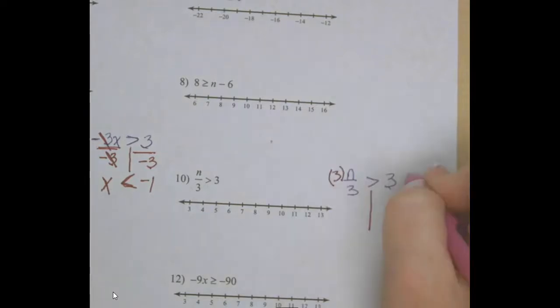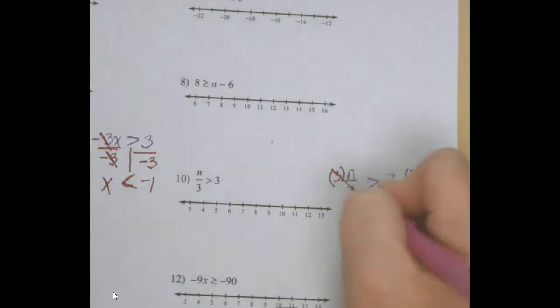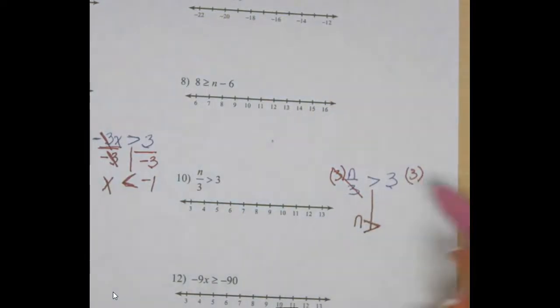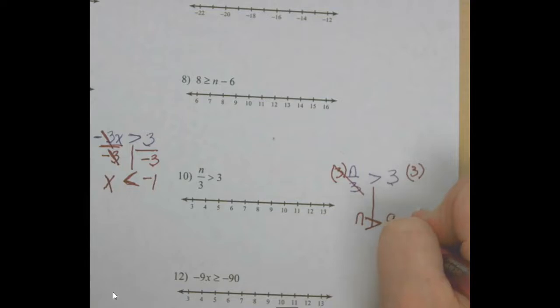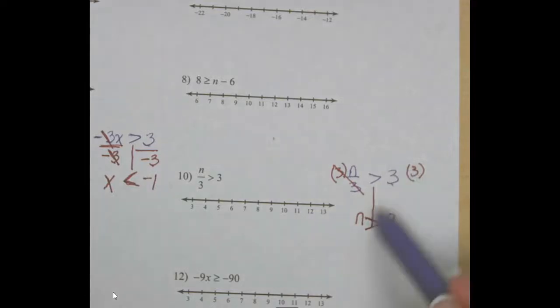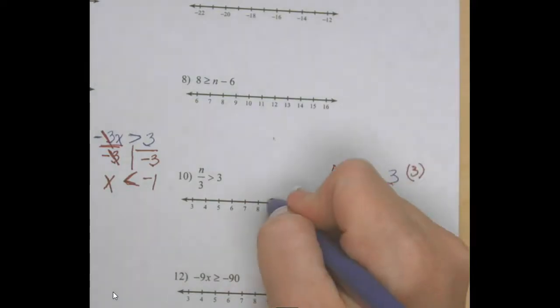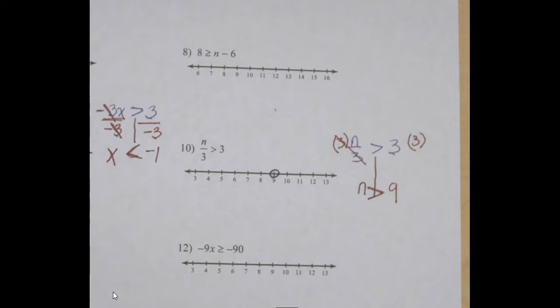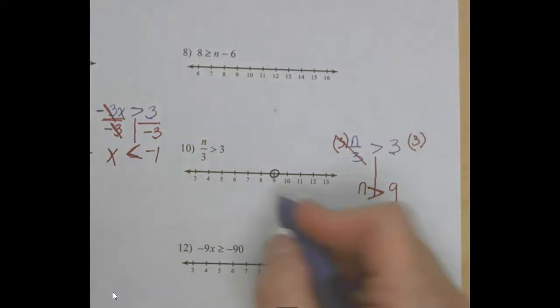Multiplication. So I'm going to multiply both sides by 3. N is greater than 3 times 3, which is 9. So it's going to be an open circle on 9.